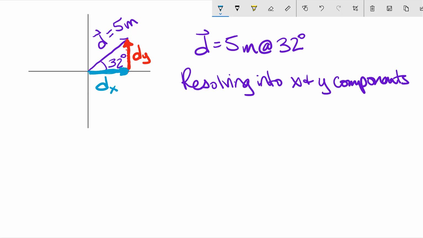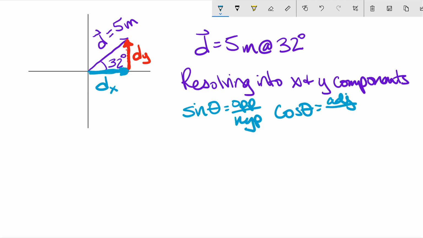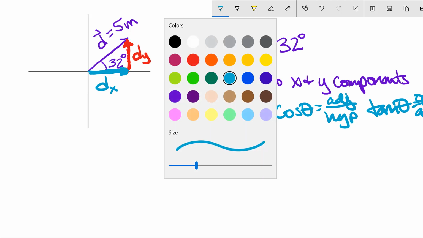So this d vector is like the hypotenuse. Remember, sine of an angle was opposite over hypotenuse, cos was adjacent over hypotenuse, tan was opposite over adjacent. I should probably make my line thickness smaller because we're running out of room.